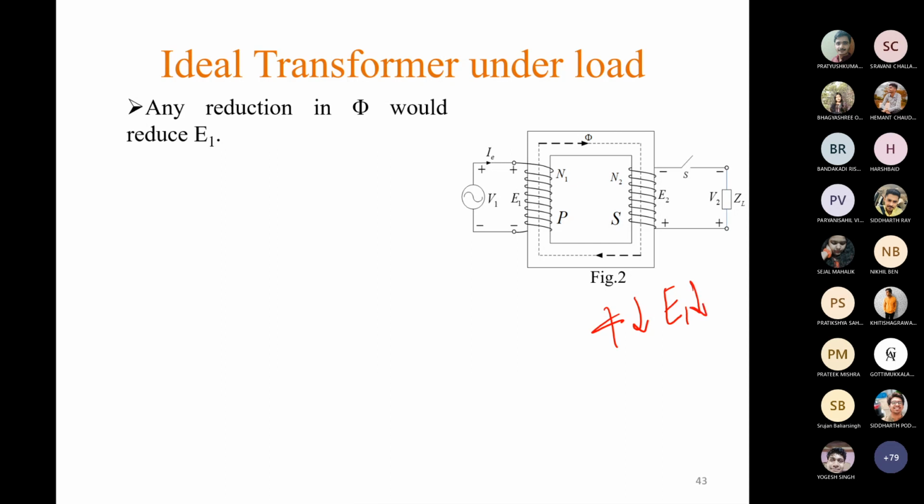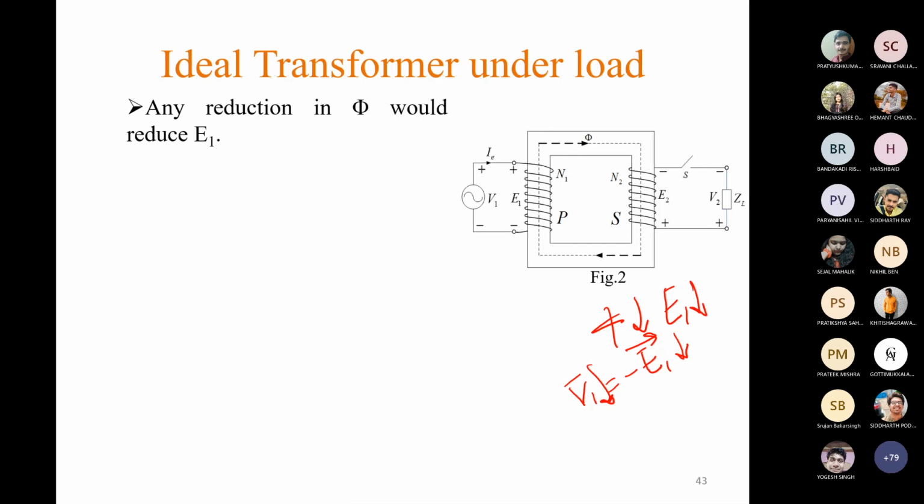Now V1 is equal to minus of E1 for an ideal transformer, because we have not considered the resistance of the winding as well as there is no leakage reactance, so there will be no other drop. V1 is directly equal to minus of E1. So if E1 reduces, which means V1 will reduce, isn't it?